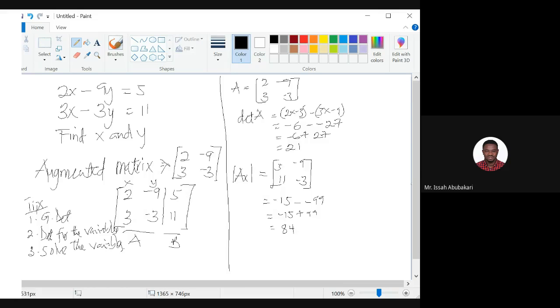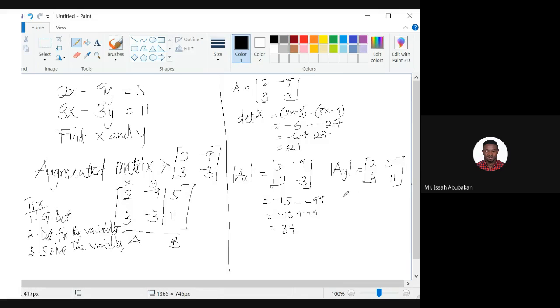Is that okay? Now we find the determinant of Ay. Because we are going to solve for y, and the y values are minus 9, minus 3, we are not going to write that one, but we only write the x values. So the x values are 2 and 3. And the y values, we replace them with the b values, which is 5 and 11.